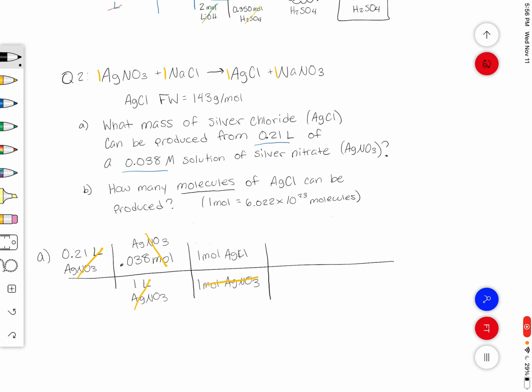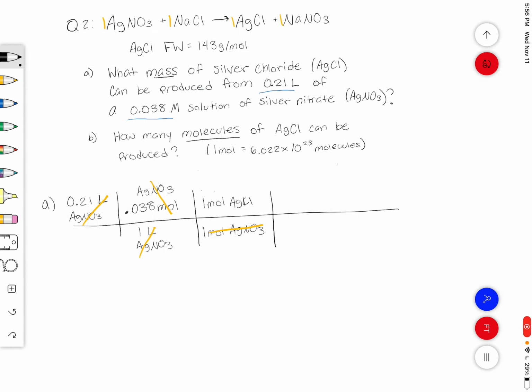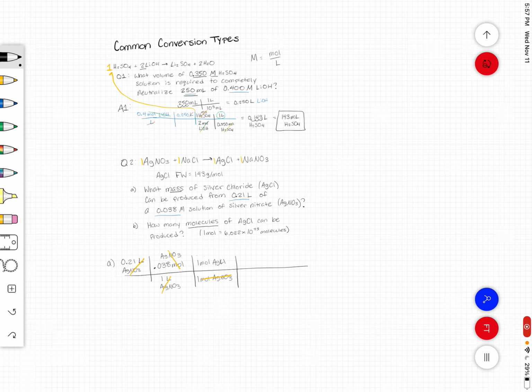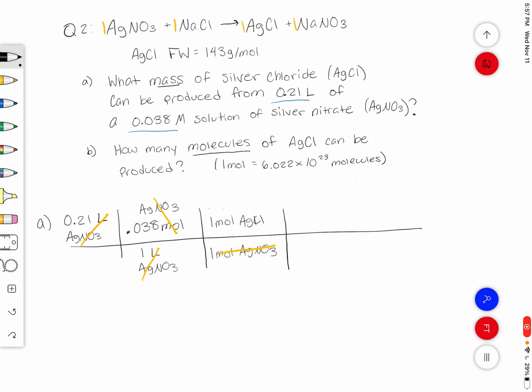And we want our answer to be in grams. It's asking for the mass. So we're going to use that formula weight now that we have up at the top. You have 1 mole of AgCl, with your formula weight, you have 143 grams of AgCl.